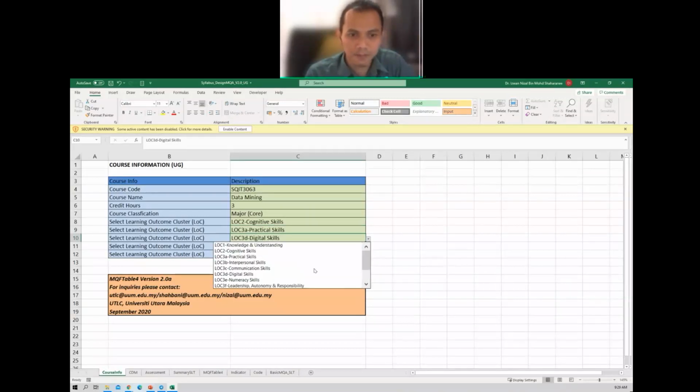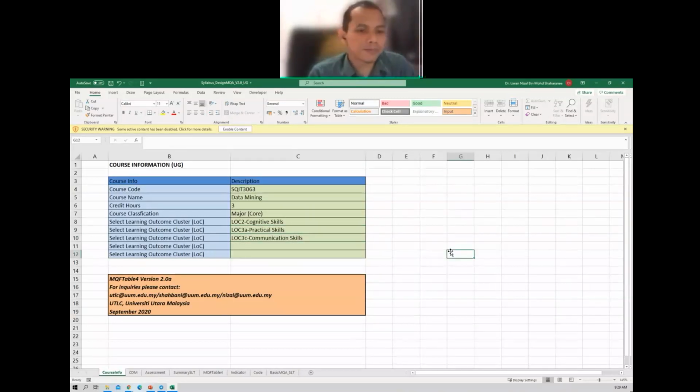If you have three learning outcome clusters, it means you need to do assessment toward these three clusters.